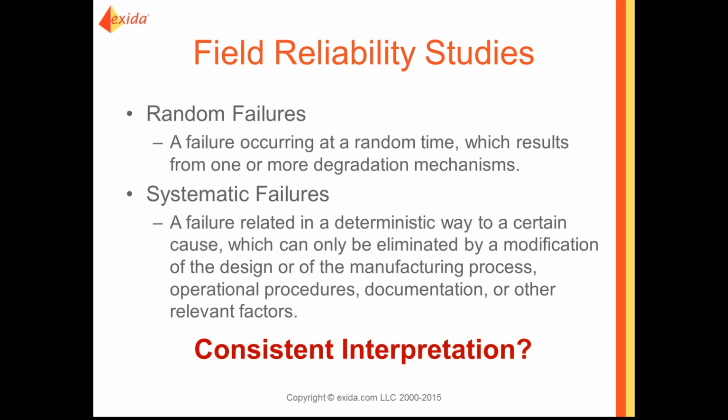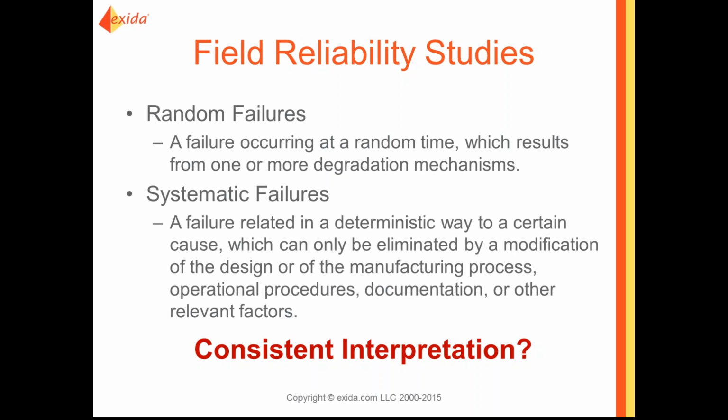Now, field reliability studies get reported very differently because people treat things differently. There are random failures and systematic failures. Random failure is a failure occurring at a random time which results from one or more degradation mechanisms. A systematic failure is essentially one that could be eliminated by modifying the design, a manufacturing process, or a procedure.